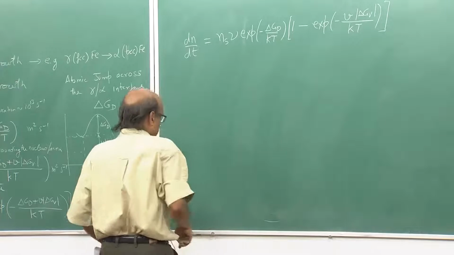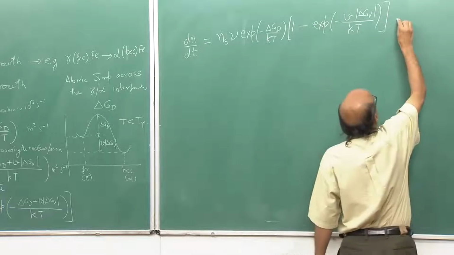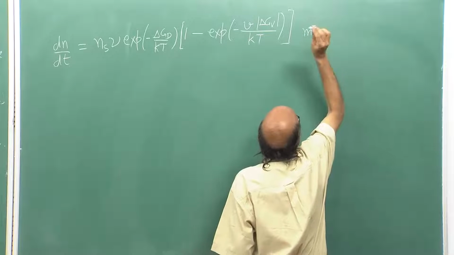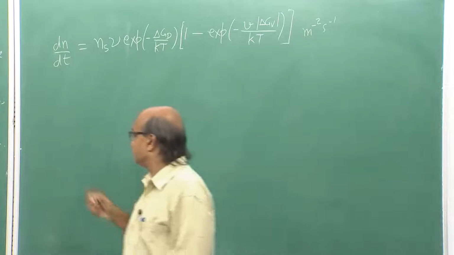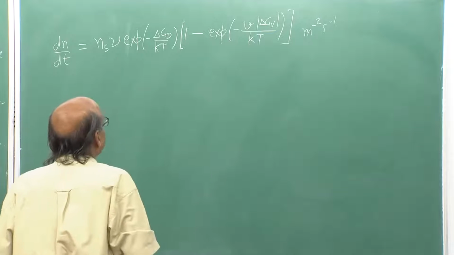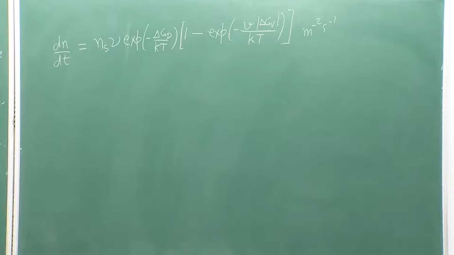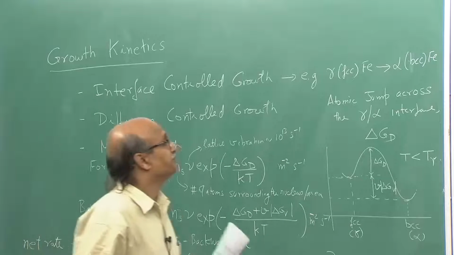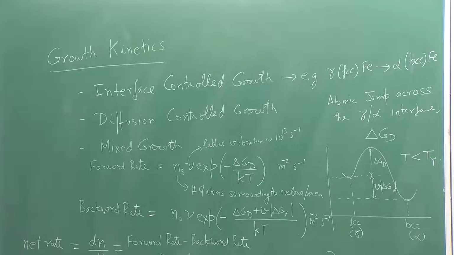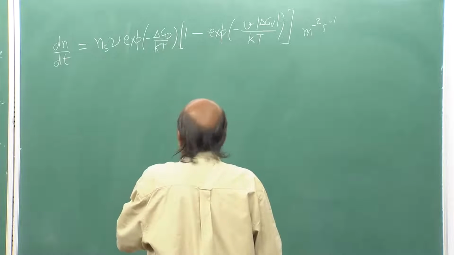So, this is the net jump rate per meter square per second. Out here, this should also be per meter square per second.